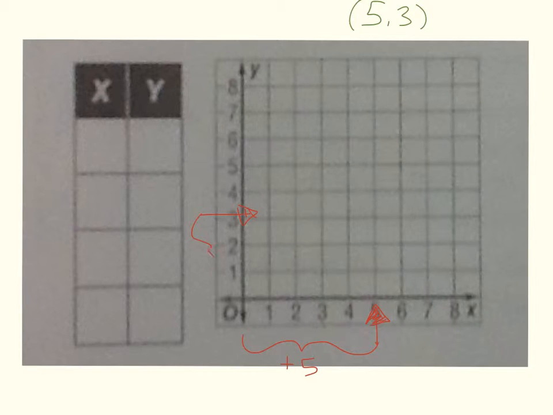And all I did was count up 3 from the origin in the y direction. When you find out where these two arrows intersect, that is your point. So this ordered pair is 5, 3, and that's its position on the coordinate plane.